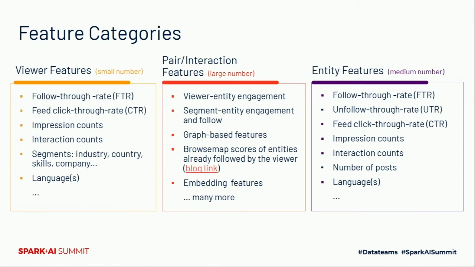The viewer features reflect the general consumption behavior of the viewer. So for example, how many times the viewer comes to the website, when he or she sees updates, how many times we interact with the updates. And in addition to that, we also leverage the profile information of the viewer. So industries the viewer belongs to, country he lives in, and so on.